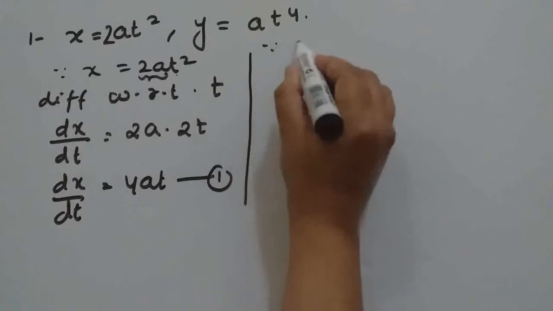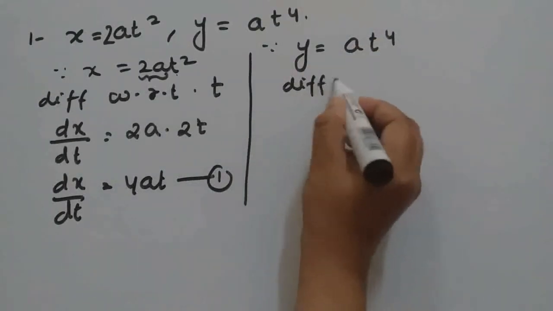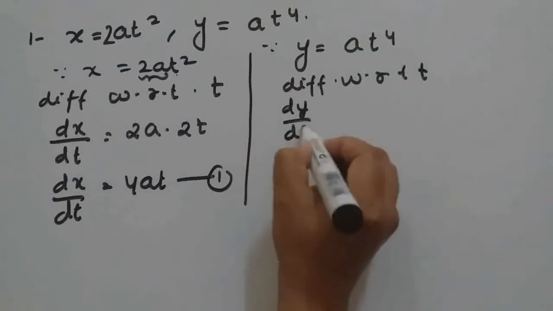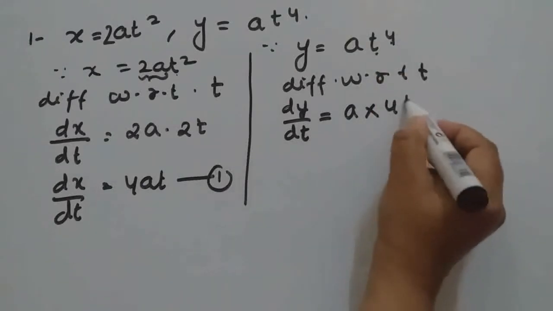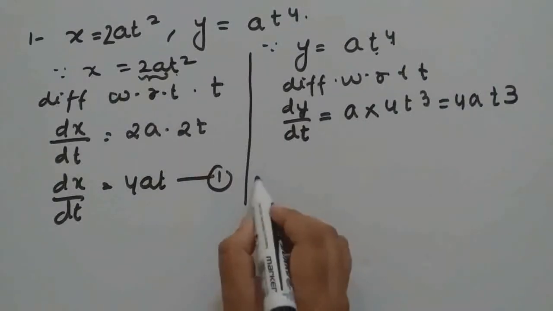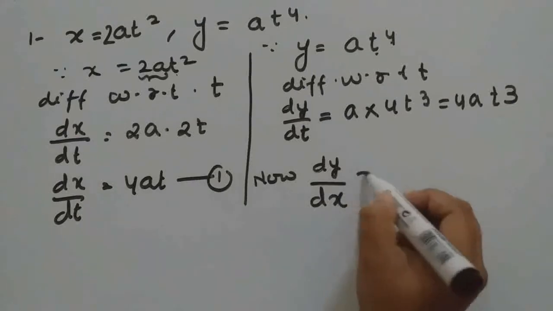Now y is what? At power 4. So this also we will differentiate with respect to t. So dy by dt is equal to a is the coefficient, t power 4 means 4t cube. That means we can write 4at cube, equation 2. Now we should find dy by dx. So dy by dx will be what?